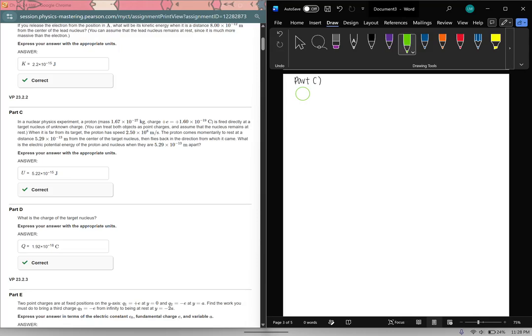So the proton, we're going to write it as proton, and positive 1.60 times 10 to the negative 19.